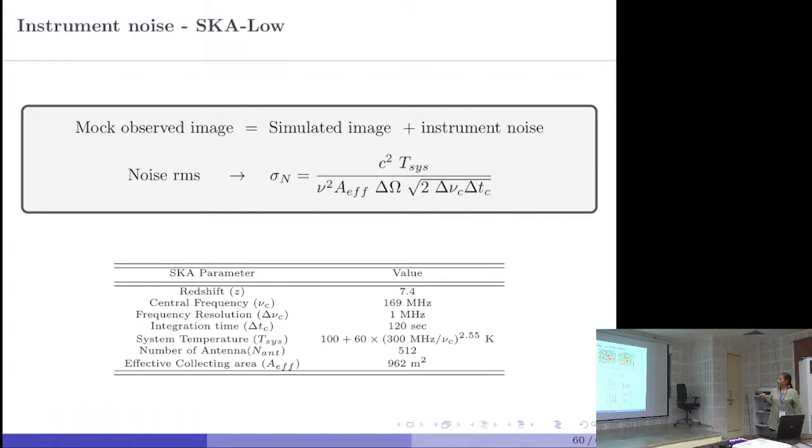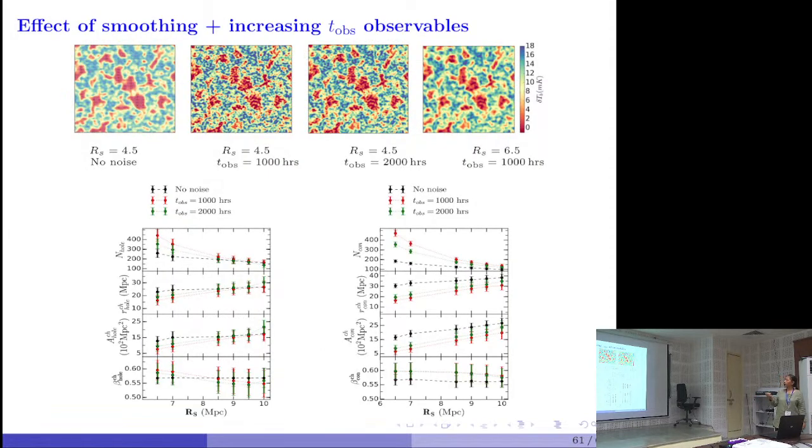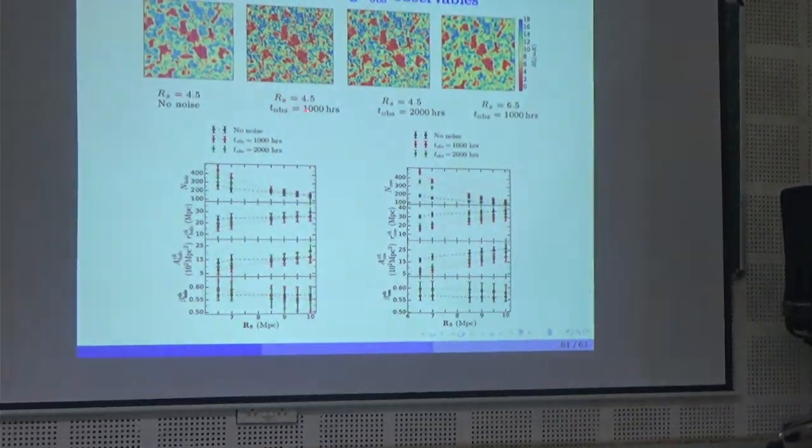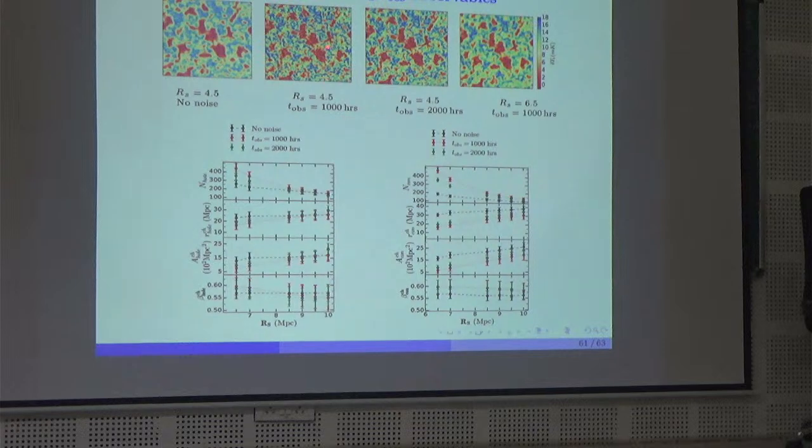Just to give an idea of how the noise affects, this is a simulation without any noise at redshift 7.5. Smoothing is 4.5 megahertz per parsec. Then the noise, added with an observing time of 100 hours.